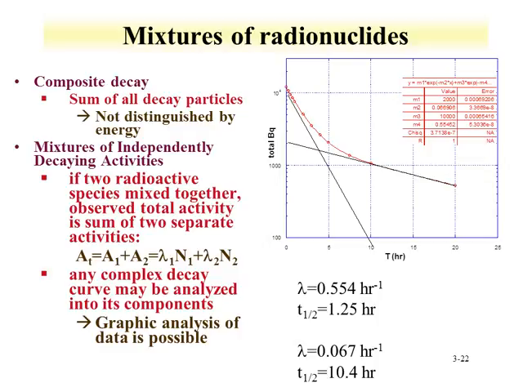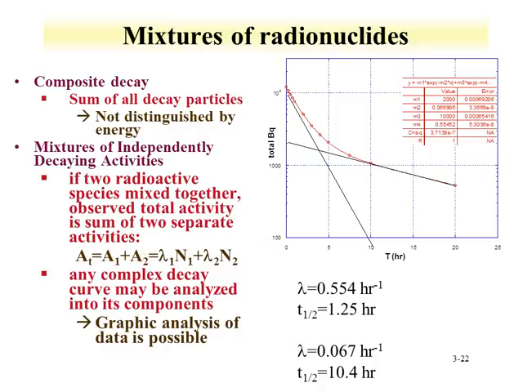If we don't have a way of distinguishing the decays, we just know that if we have two radioactive species mixed together, the observed activity is the sum of the separate activities. So the total activity is equal to the activity of isotope 1 plus the activity of isotope 2.